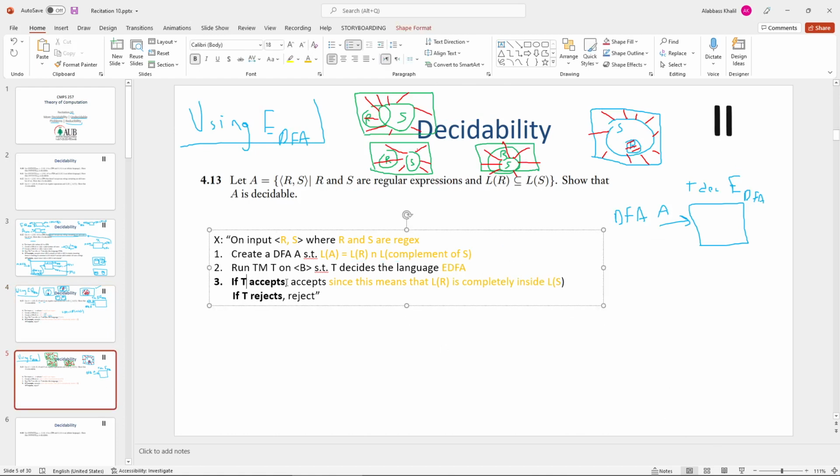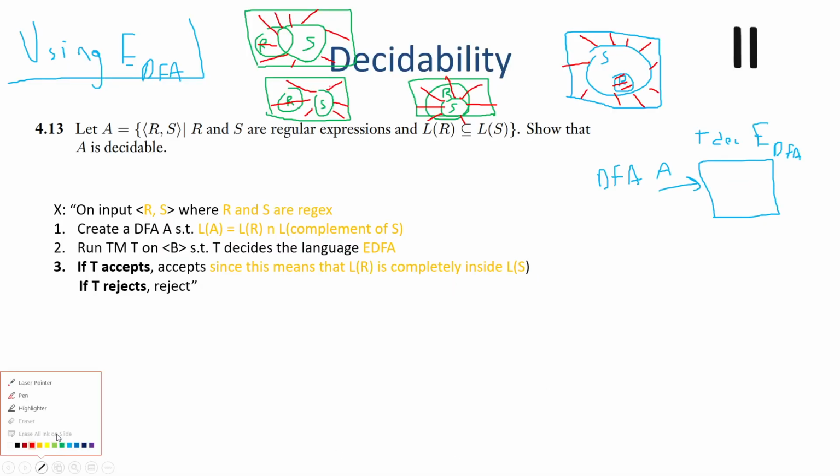Now what happens if T accepts and if T rejects? If T accepts, should we accept? T is telling us that the intersection between R and S complement is nothing. So yeah, we should accept.